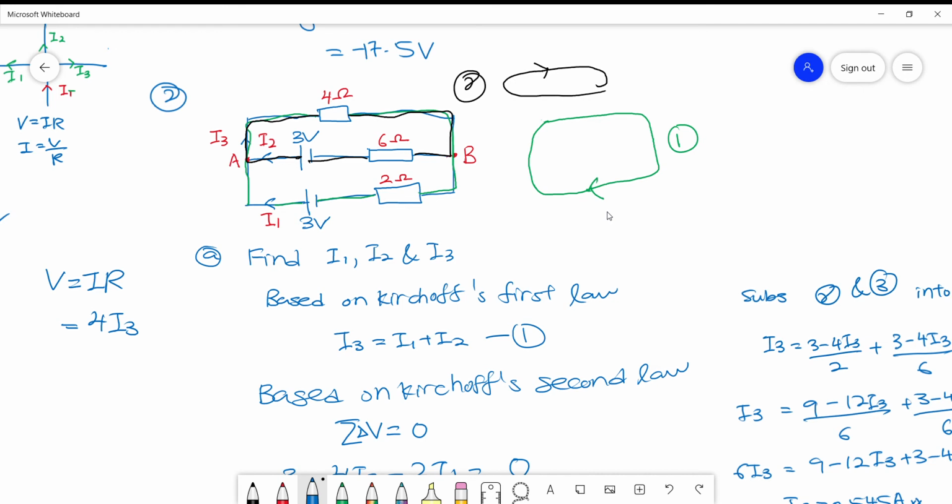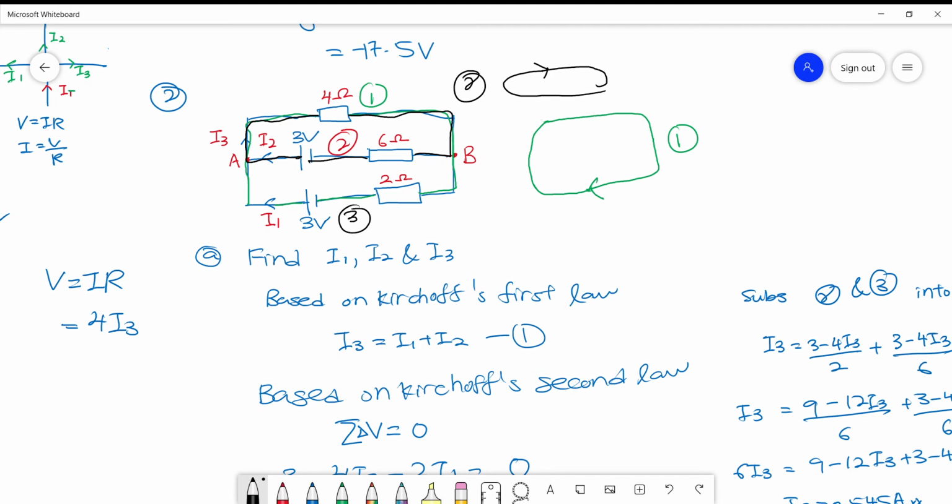Actually, we have three choices, if I'm not mistaken. The choice means the three paths for us to move from point A to point B. The first choice is this path, this is the second choice, and finally this is the third choice.